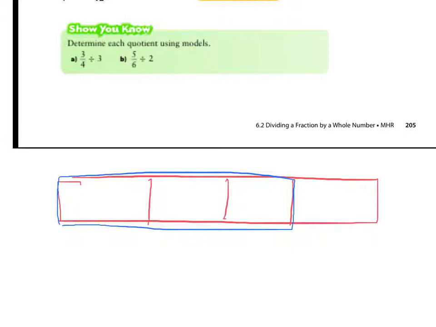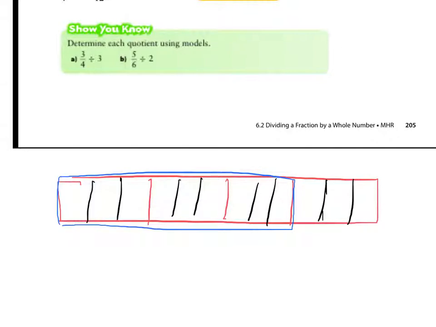And I'll take those 3/4, and it says we need to divide each of those into 3s. So I'm going to put lines there, lines there, lines there. And I must also do this one over here, even though it's not the part that's shaded in.